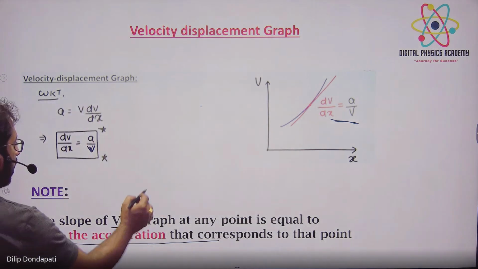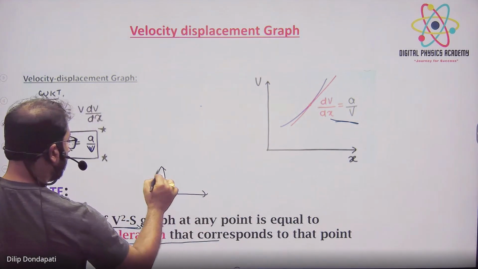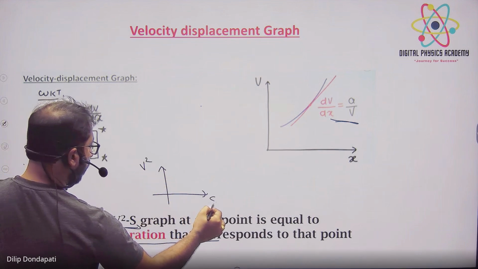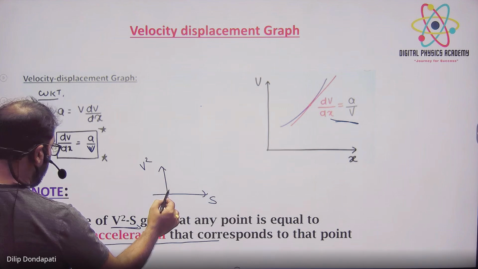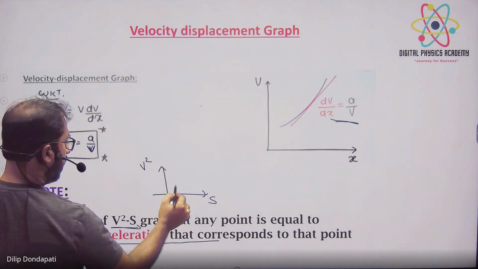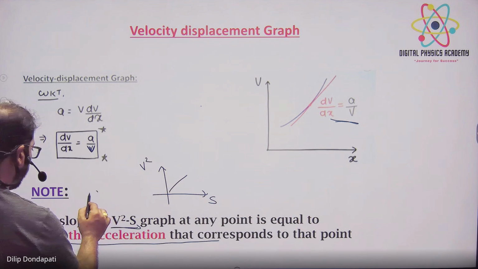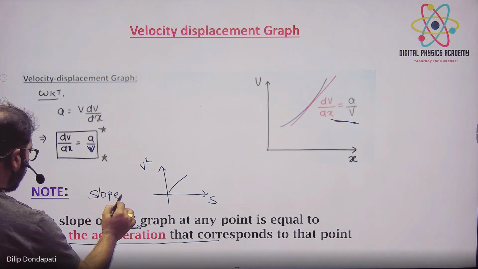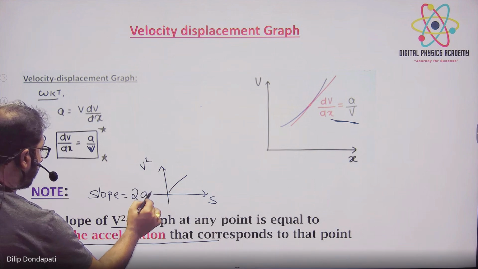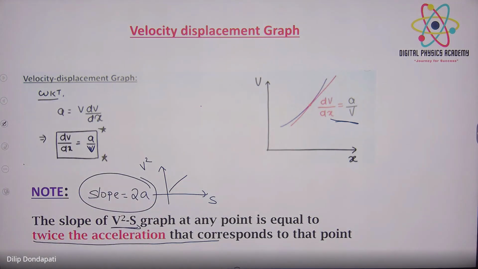Similarly, when the v square versus displacement graph is given to you, if I take the slope, the slope will give twice that of acceleration. Twice that of acceleration. Remember, very important.